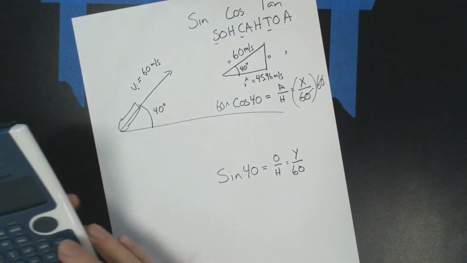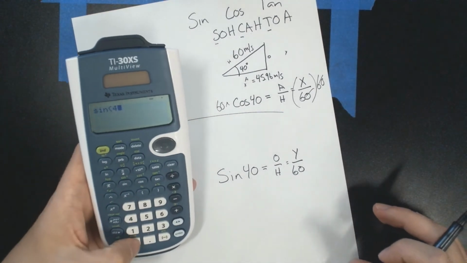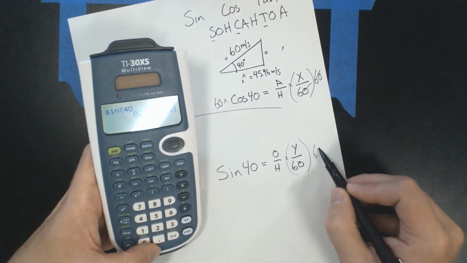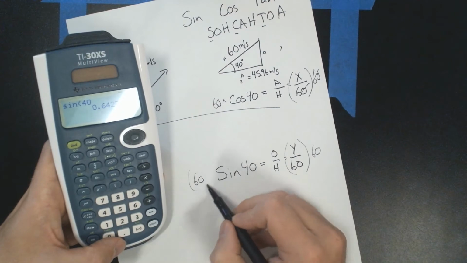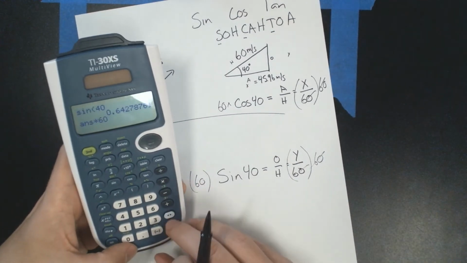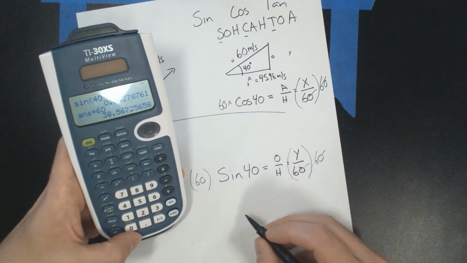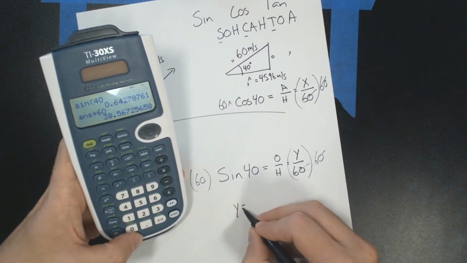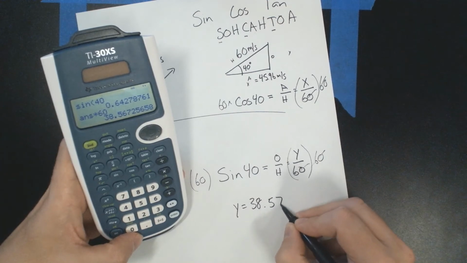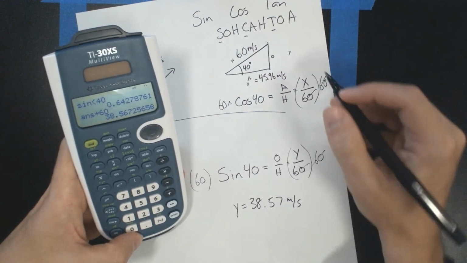And again, I'm going to turn to my trusty calculator. I'll do the sine of 40 degrees, and I'm going to multiply both sides by 60 to make sure that I get my variable all on its own. These will cancel. And so I'll type in times 60, and I can see that my y position is changing by 38.57, roughly, meters per second.